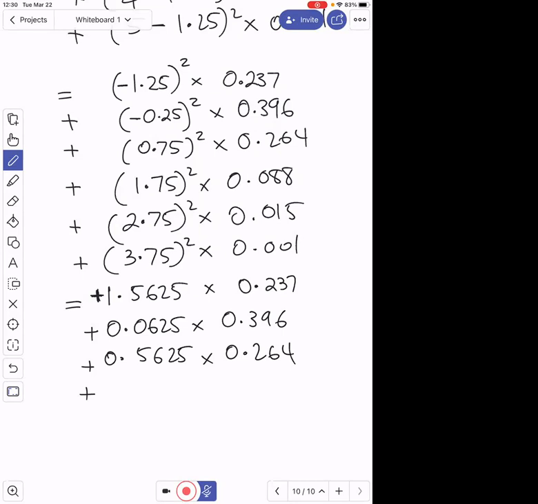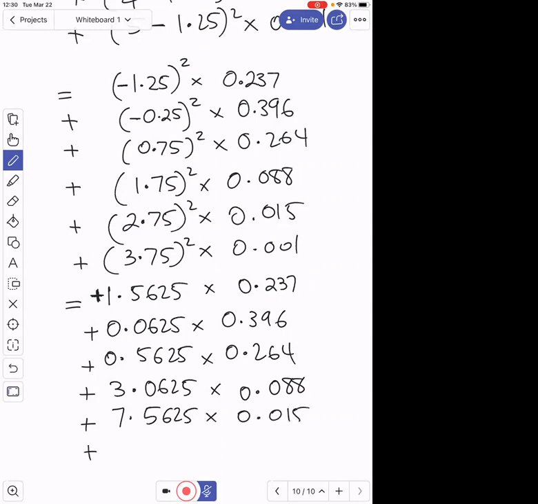So that's equal to 3.0625 times 0.088 plus, etc. So 2.75 squared. That's equal to 7.5625 times 0.015.